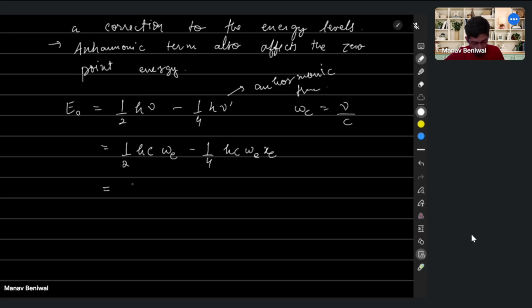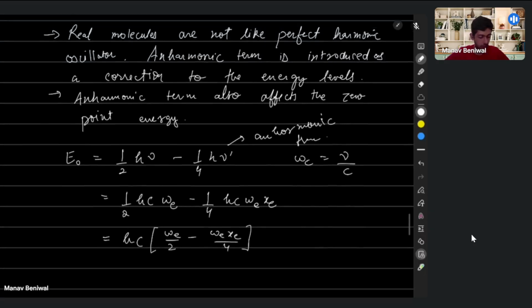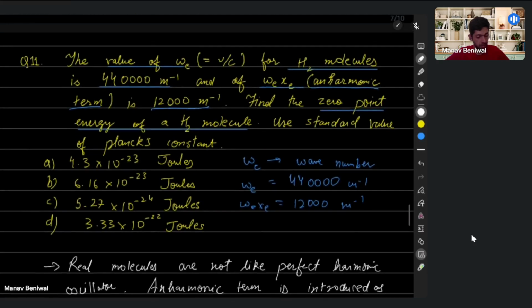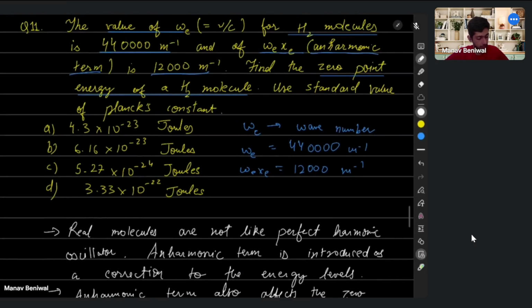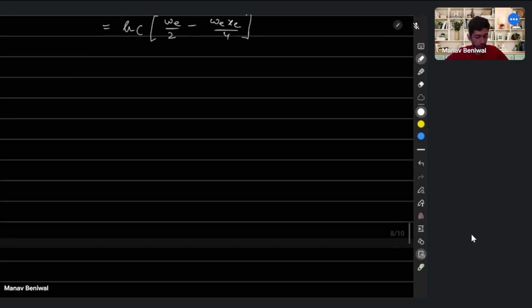Let's take hc common. So hc, and this becomes omega E by 2 minus omega E xe by 4. Now we are given the values of omega E and omega E xe, so all that is left is to plug in these values.